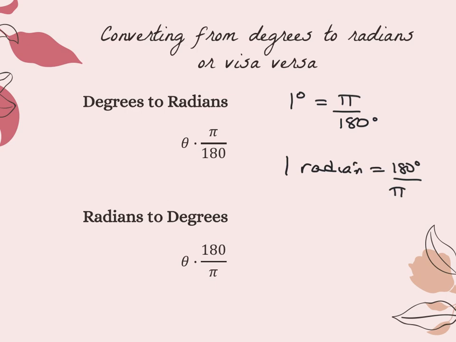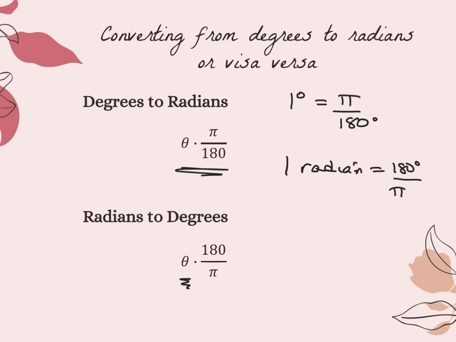And that's how we get our formulas. So to convert from degrees to radians, you would take your angle measure, that would be in degrees, and then multiply it by pi over 180. If you want to convert from radians to degrees, the angle measure theta would be in radians, and then you will multiply it by 180 over pi.